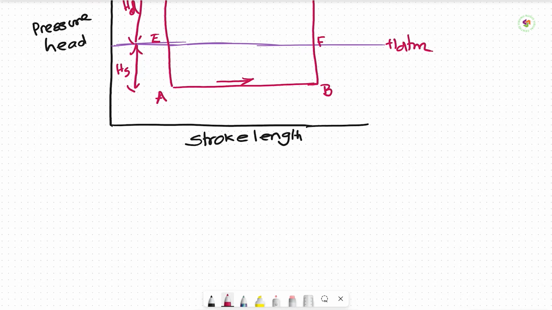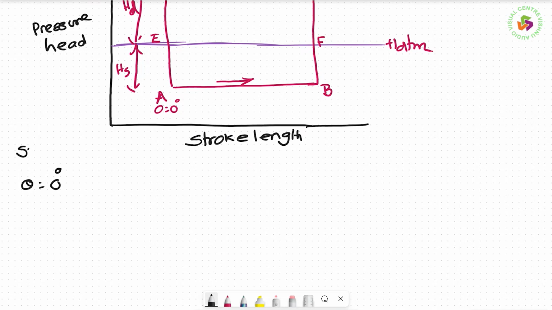For example, let us take the beginning of the suction stroke, that is when theta is equal to 0 degrees. What is the pressure head actually? It is negative at theta equal to 0.